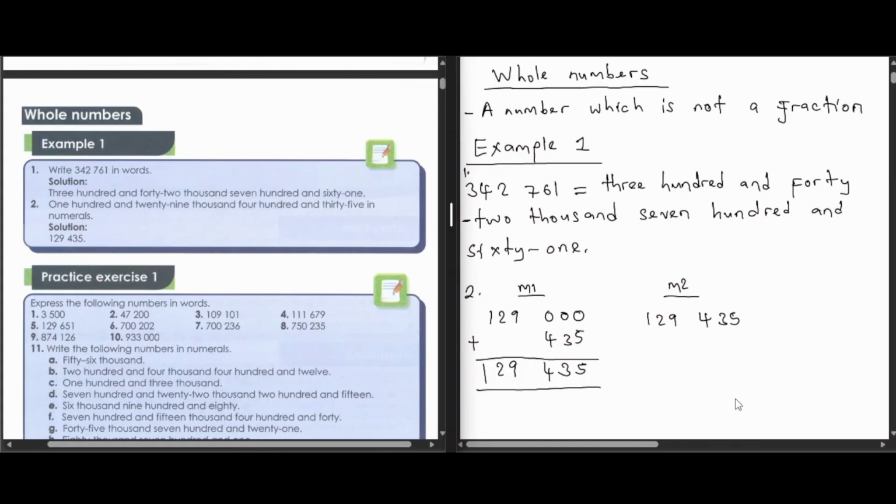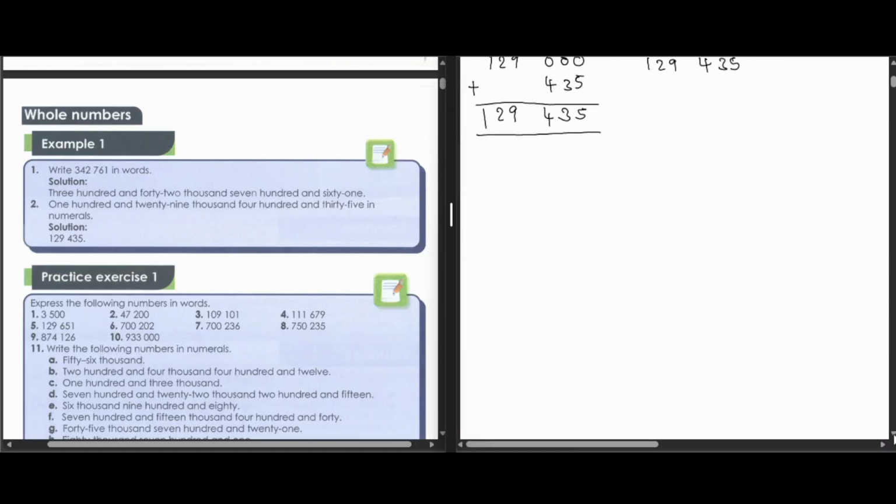So we have done example 1, tikaita number 1, tikaita zvakare number 2. Iko zvino izvi we now want to do the practice exercise 1. Let us do together.